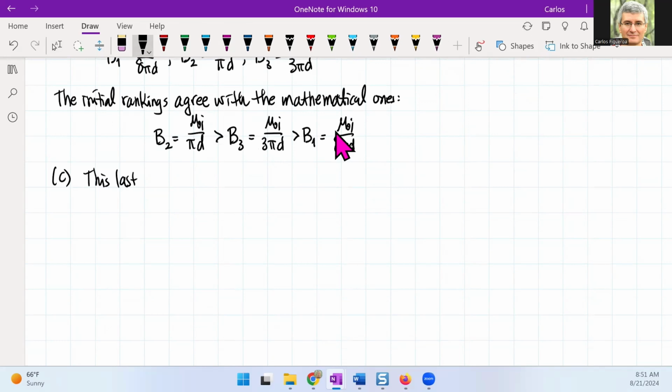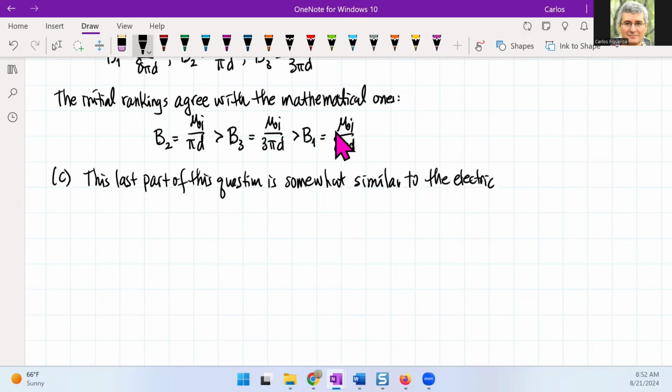This last part of this question is somewhat similar to the electric dipole example from chapter 2. So we want to compare the two situations.